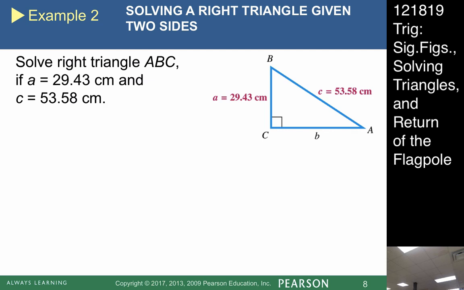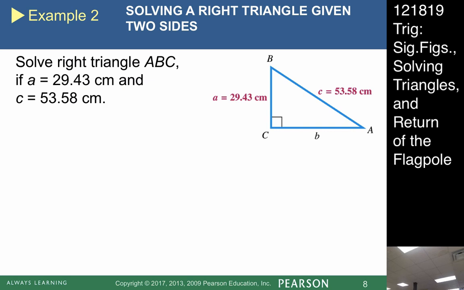Sure, we could do the Pythagorean theorem, which would be 53.58 squared minus 29.43 squared, square root of that equals b. Why would you subtract? Because normally it would be 53.58 squared equals 29.43 squared plus b squared. Oh, right.